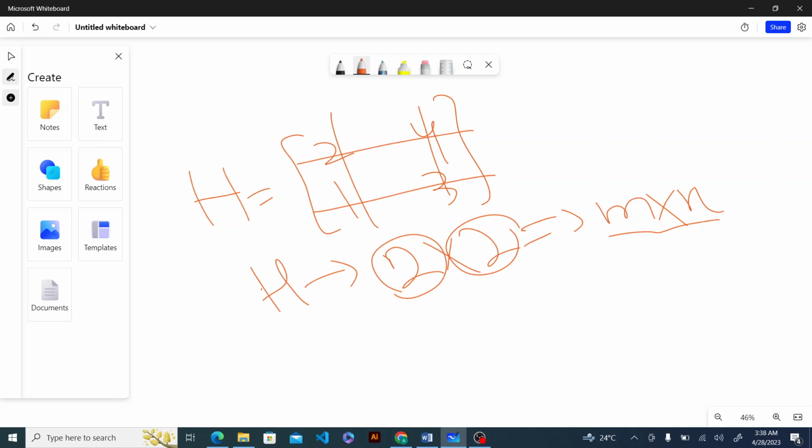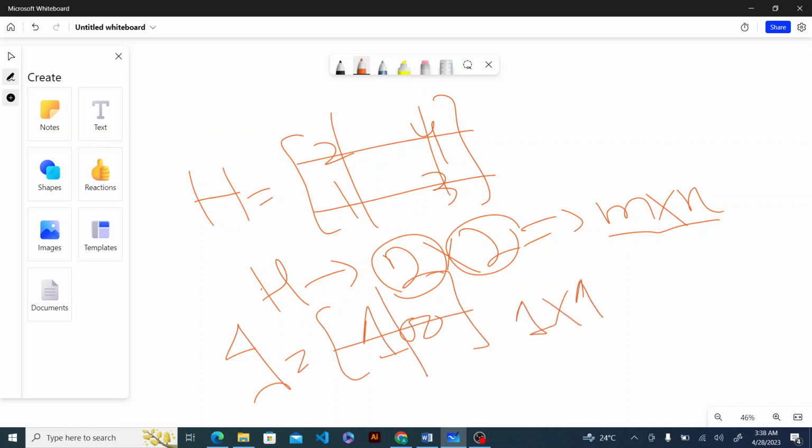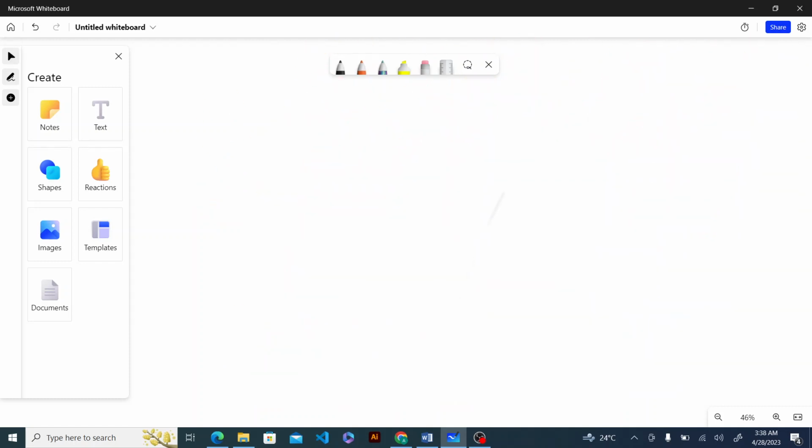Okay? Here is another one. It has only one element, so only 1 row and 1 column. Order 1 into 1. Same number of rows and columns. You can have any number of elements in a square matrix.